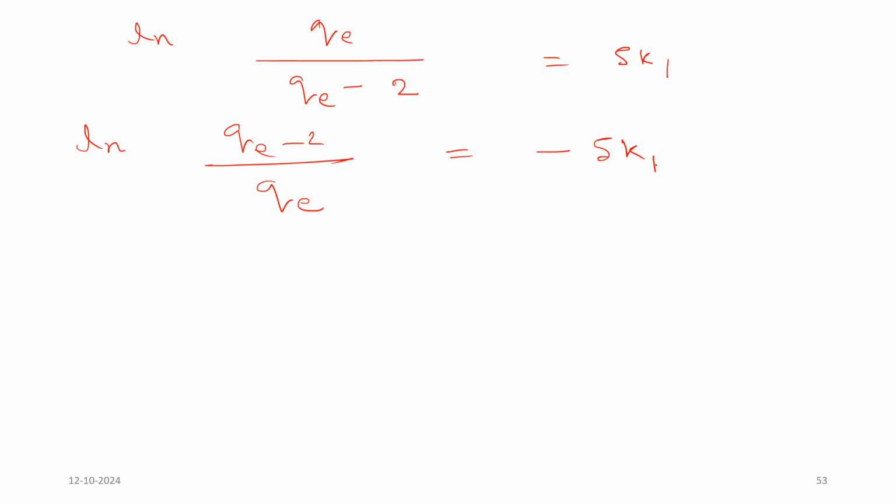Now we are changing into exponential. It will be (qe minus 2)/qe equals e to the power minus 5 k1.